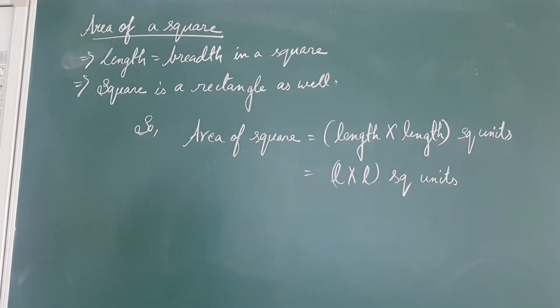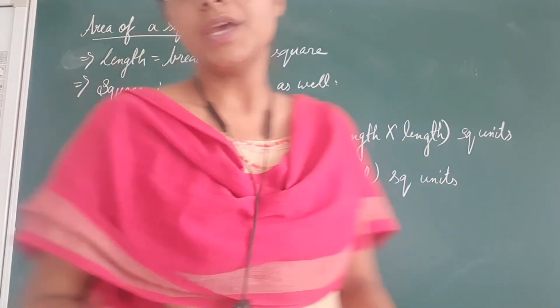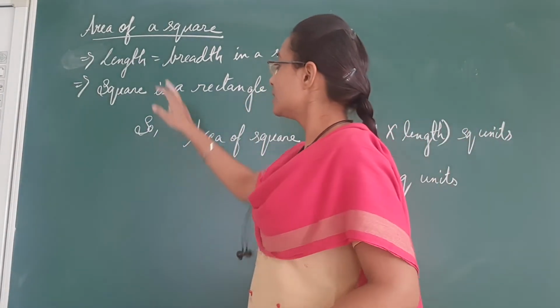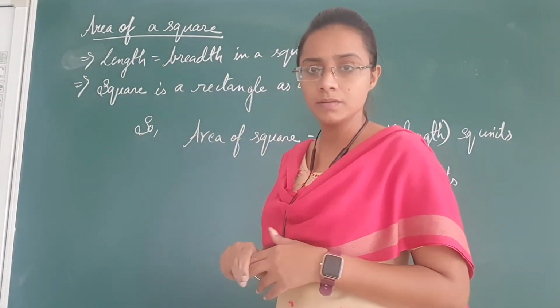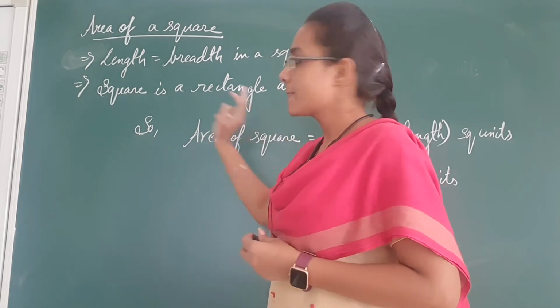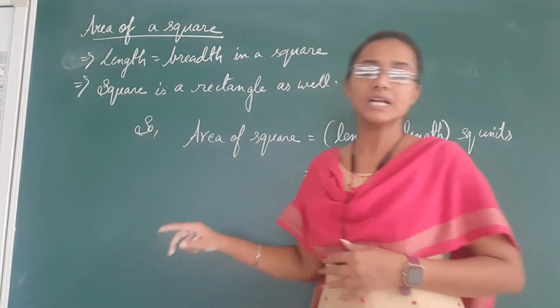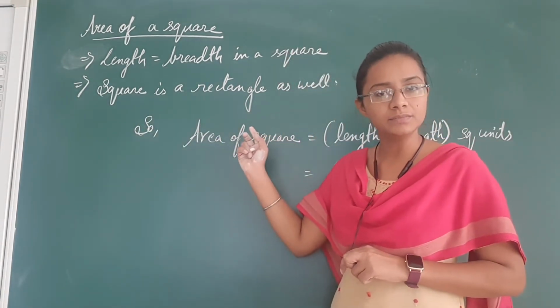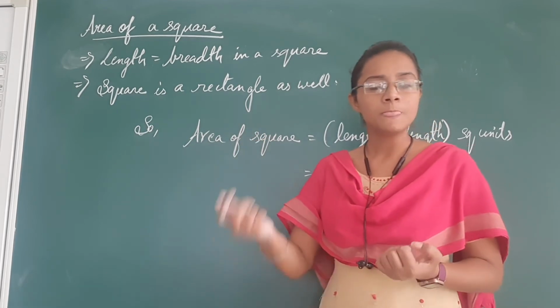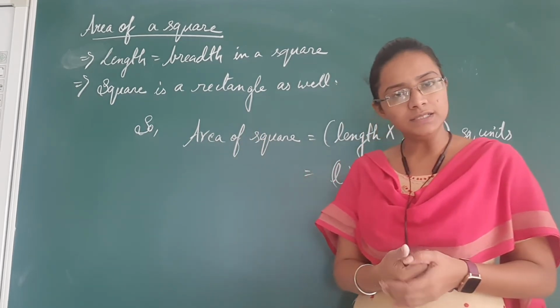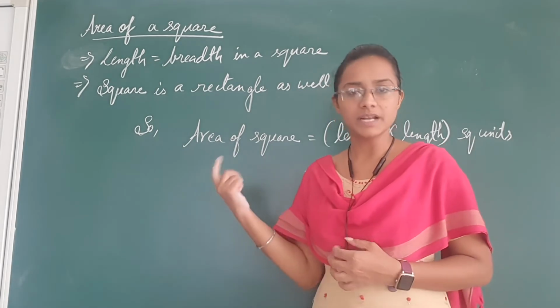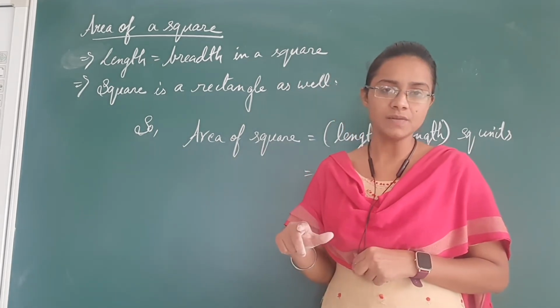now the area of a square. Here we know that in a square, length is equal to breadth, and you also know that a square is a rectangle. So we know how to find the area of a rectangle, as a square is a special rectangle whose all sides are equal.